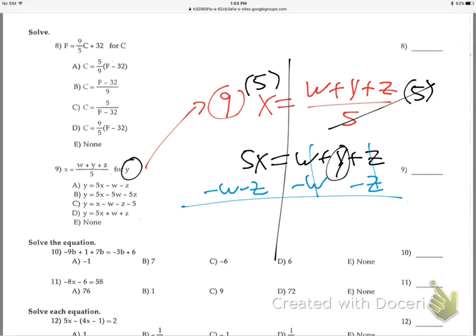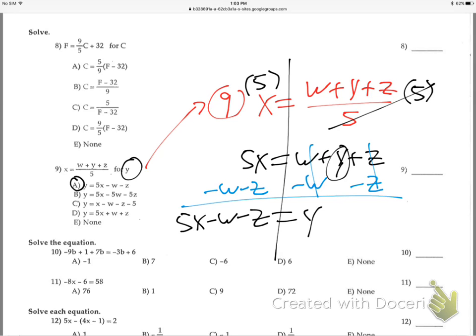Y equals 5x minus W minus Z. We good there? So whatever answer that is, it's just A, isn't it? Unless I'm missing something. Good on that one? Just multiply by that denominator on both sides.